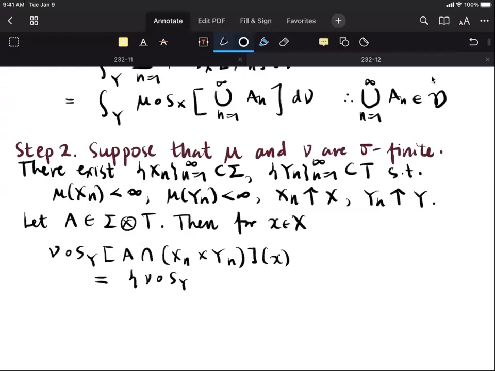You just take the composition of this one, Sy evaluated at x, intersection yn, multiplied by the characteristic function of xn.